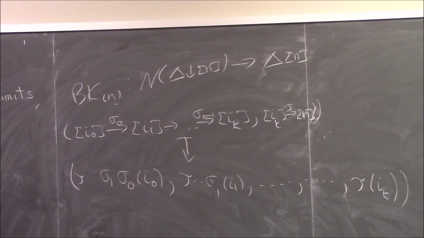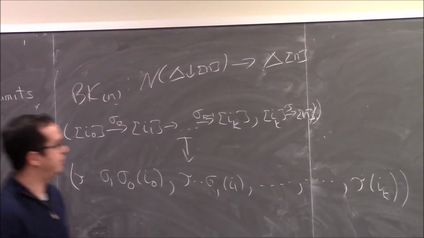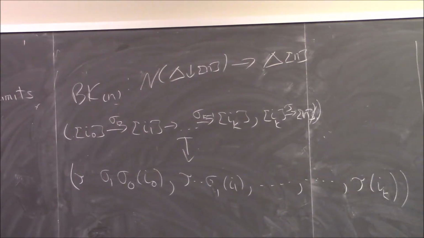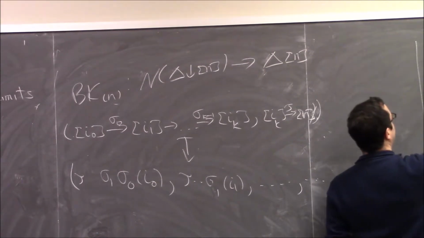So this is my Bousfield-Kan map. And this induces a map.